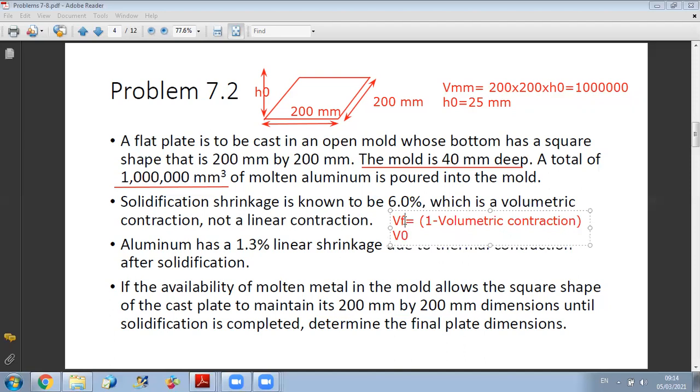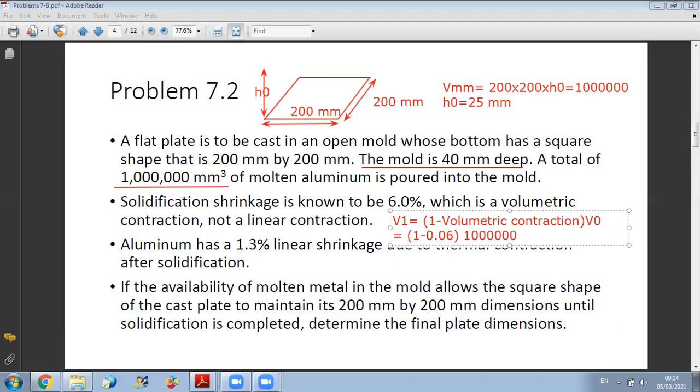I will call it V1 because it's after the first phase of shrinkage. So this is equal to 1 minus 0.06, times V0. V0 is 1 million millimeter cube.